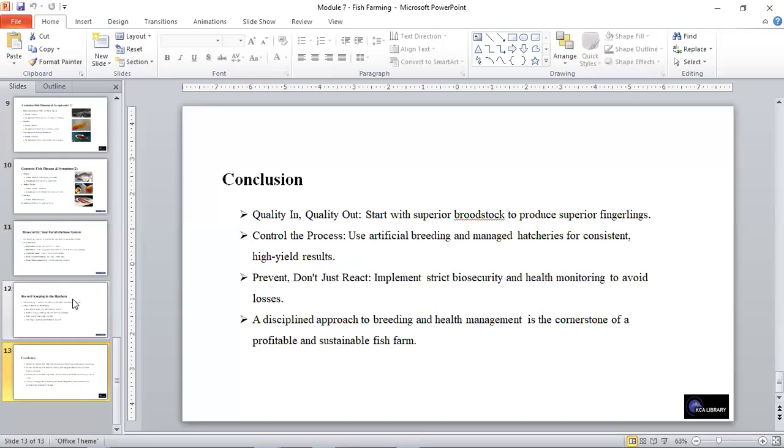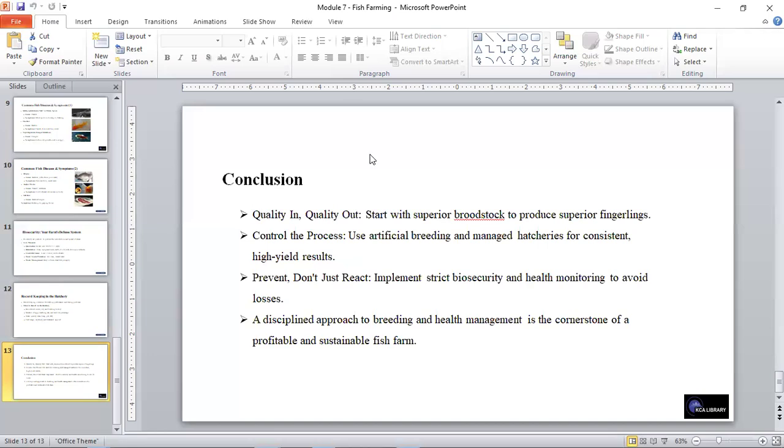Prevent, don't just react. So you have to implement strict biosecurity and health monitoring to avoid losses on your farm. And a disciplined approach to breeding and health management is a cornerstone of a profitable and sustainable fish farm.